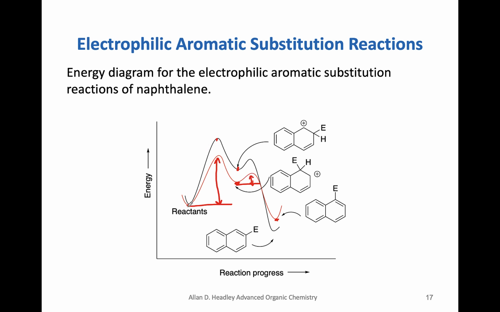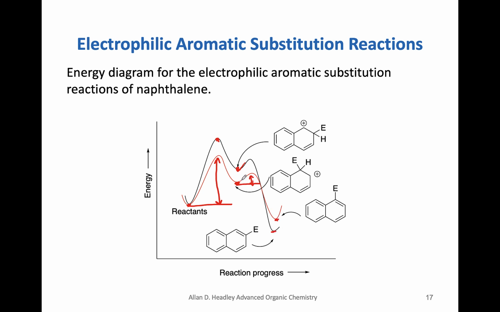If there is a high temperature, there is enough energy to form this intermediate because a lot of energy is required to get to this activation, this transition state, to get to this intermediate. This will go on to form here the thermodynamic product.